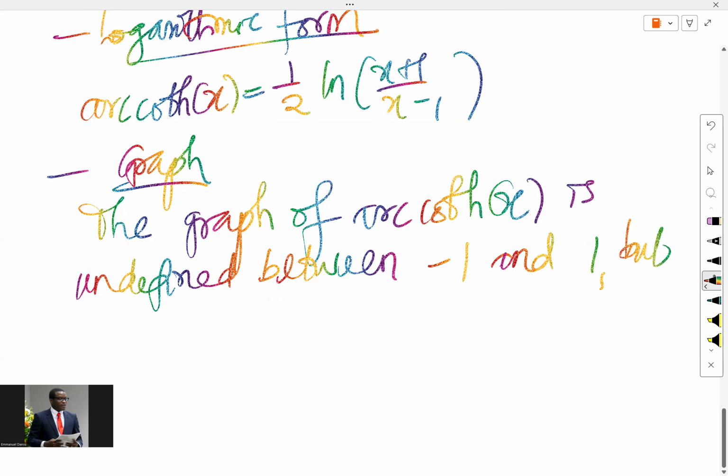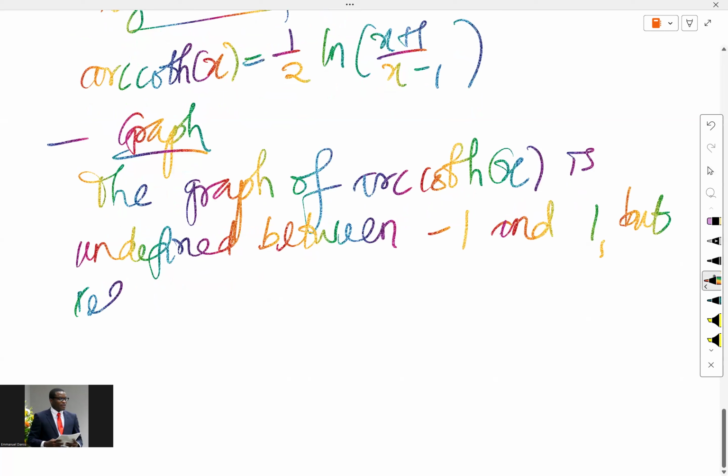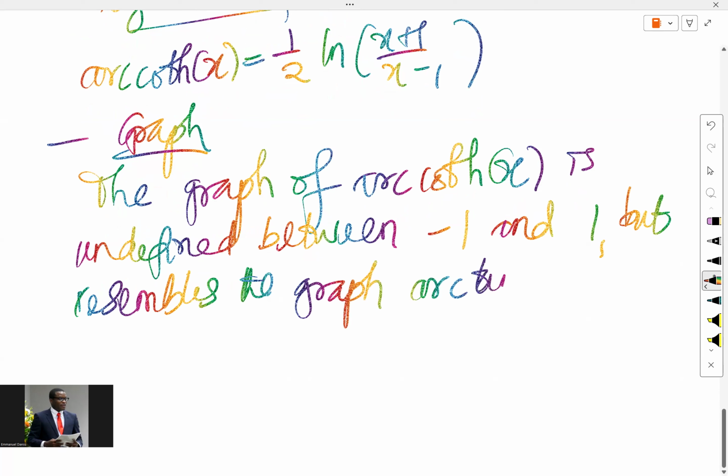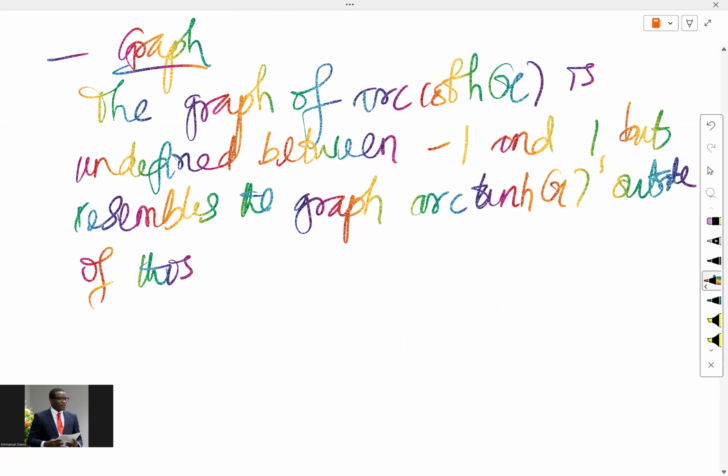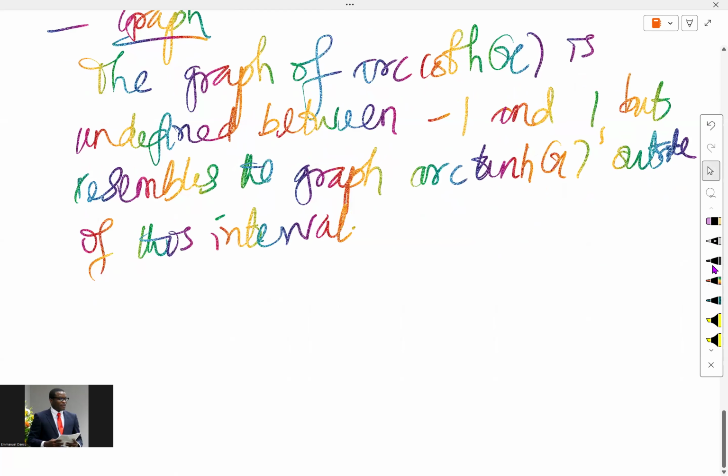But it resembles the graph of arctanh x, which we just saw, outside of this interval. Okay, so that's for arcoth x.